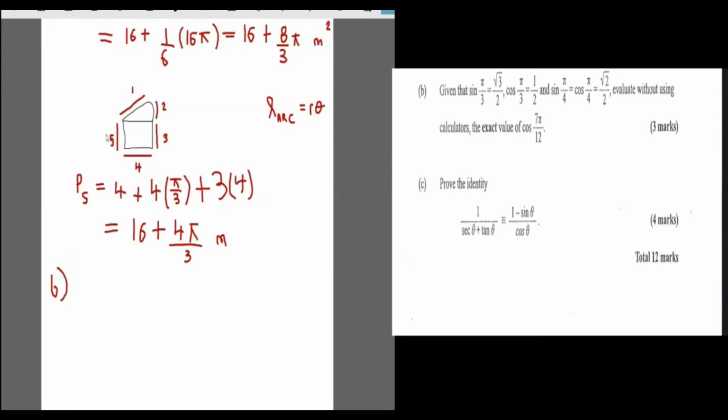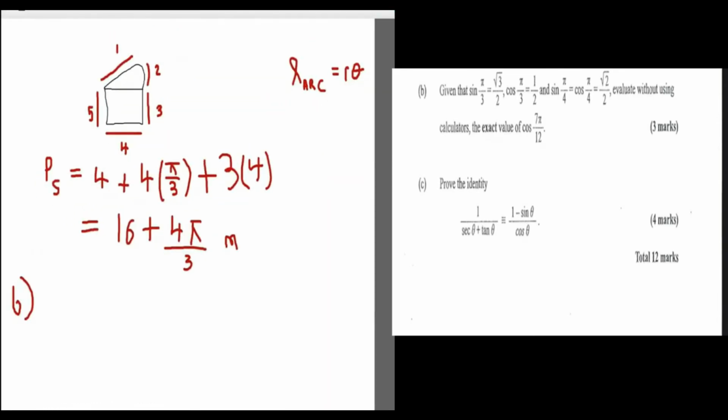Now there are two things I want you to notice. I'm starting with 7 pi over 12. 7 pi over 12 is the same as pi by 3 plus pi by 4.